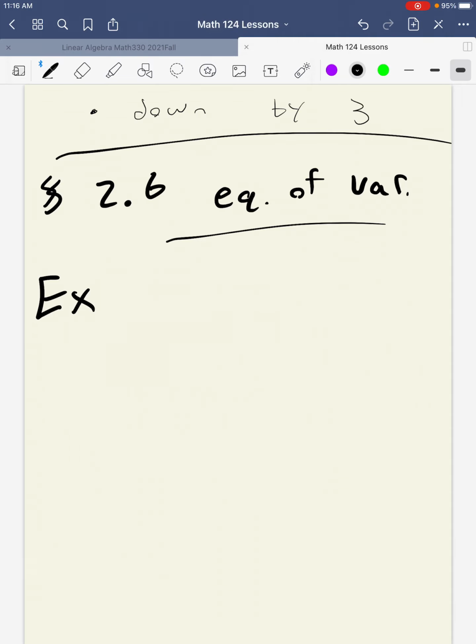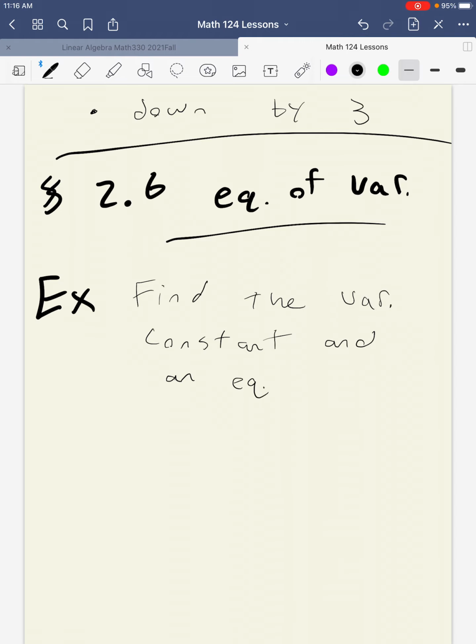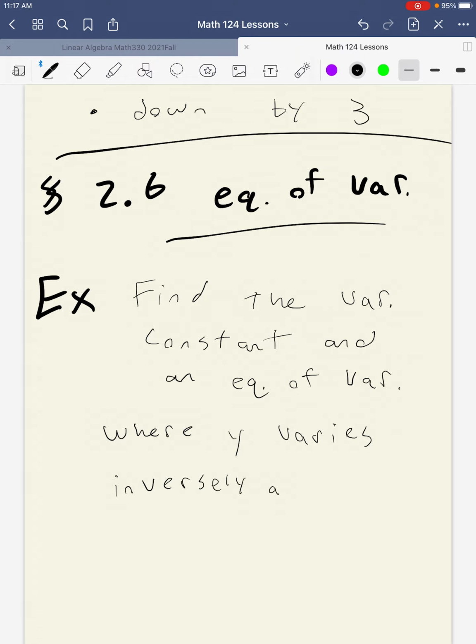Okay, so the first example, let's find the variation constant and an equation of variation, where y varies inversely as x.